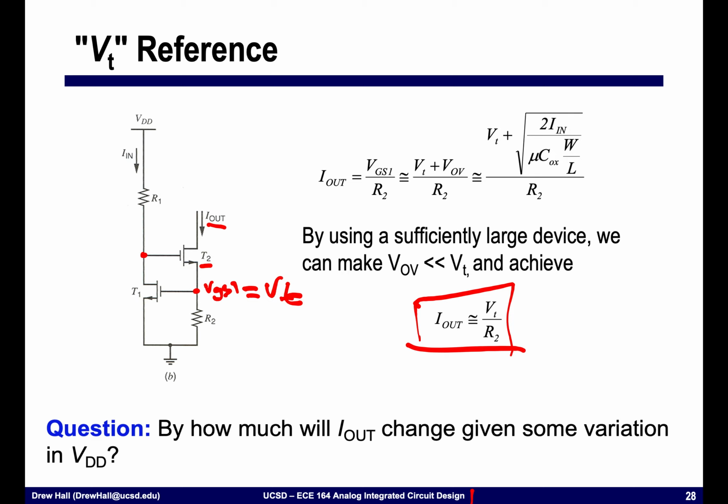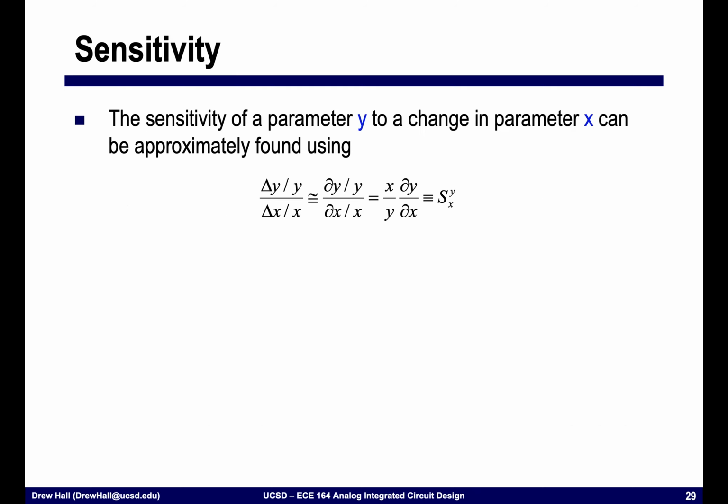All right, so the question is now, given that the previous circuit had a linear dependence on VDD, how much does this particular circuit change the output current when we have variation in VDD? In order to answer that, we're going to introduce a concept known as the sensitivity.